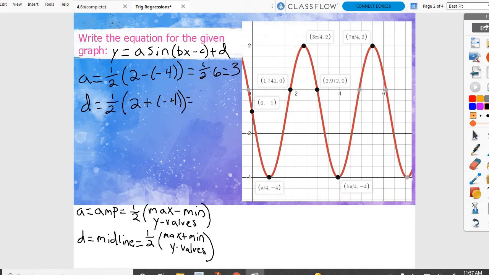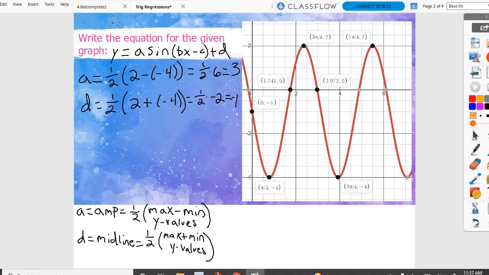So what do we get? -1. So that means that we've been shifted down. Which makes sense because if I look at my minimums, -4 is 3 units away from -1, and 2 is 3 units away from -1. And that's what our amplitude was.